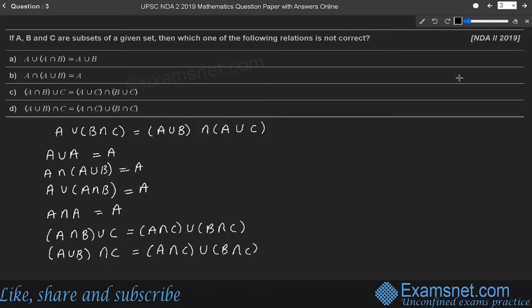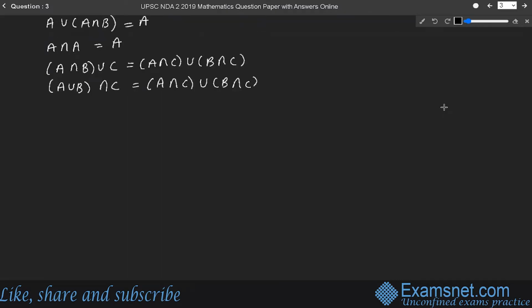This is the basic concept that we have to use for this question. Here, looking at the first option, A union (A intersection B), this can be written as (A union A) intersection (A union B).